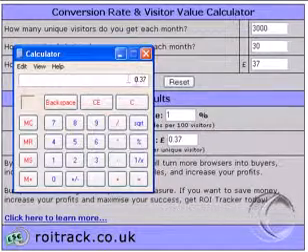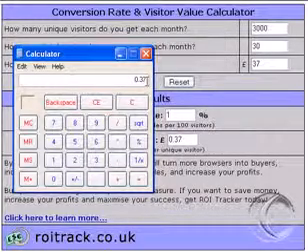This magic number right here, 37 cents, for this product is what I can afford to pay per visitor to my site and still break even. Let me say that again. This 37 cents is what I can afford to pay per visitor to my site, and I know I will break even if I'm paying 37 cents.